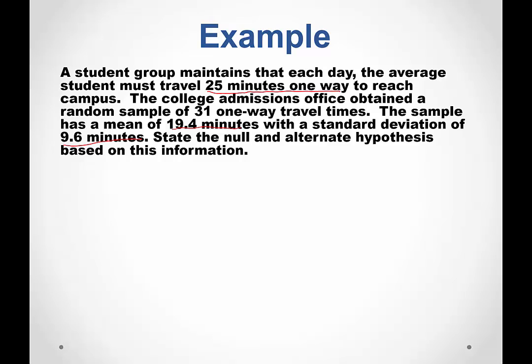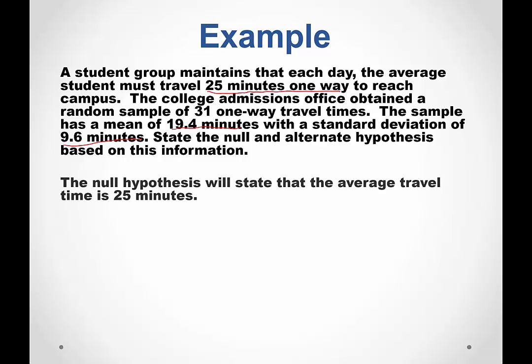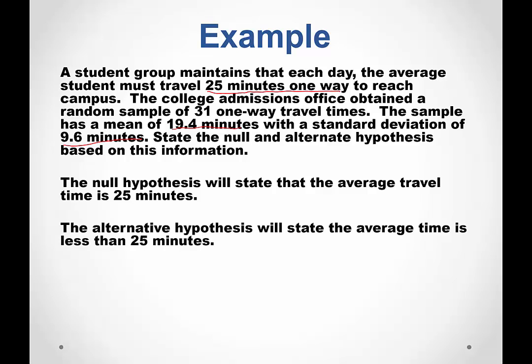So the null hypothesis is going to support what the student group maintains. And so that is going to say that the average travel time one way is 25 minutes. Now, the alternate hypothesis is going to be what the college admissions office is trying to say.